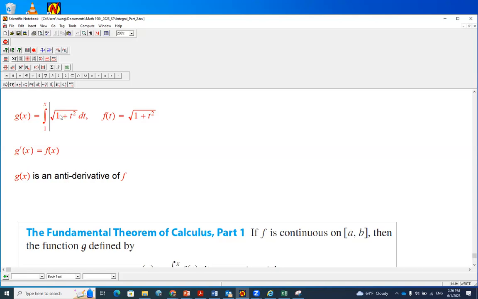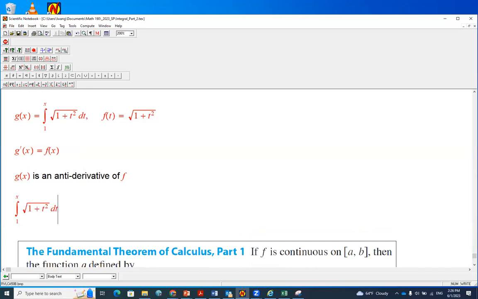We don't know how G looks like, but when I integrate this piece, I'm going to use this f of t. It has an antiderivative, and that antiderivative is G of t, and that's going to be evaluated, according to the fundamental theorem of calculus part 1, at 1 and at x.